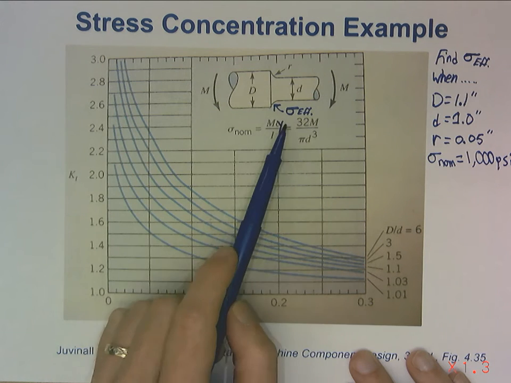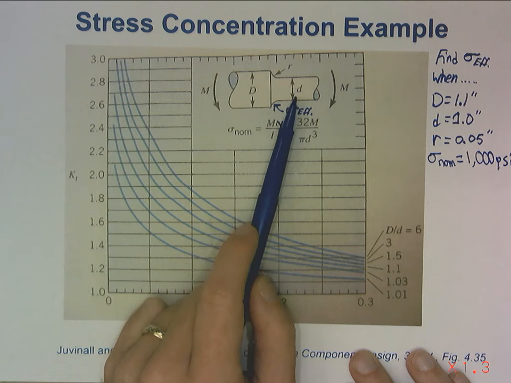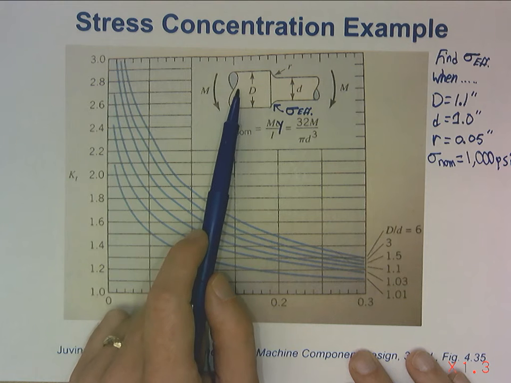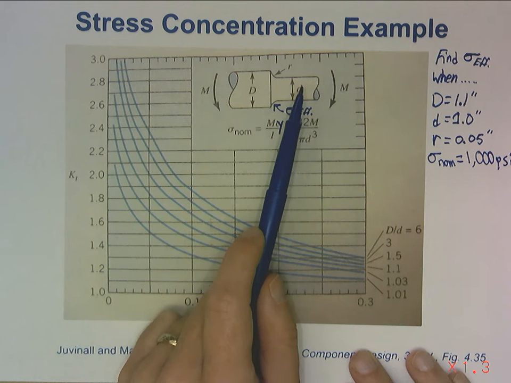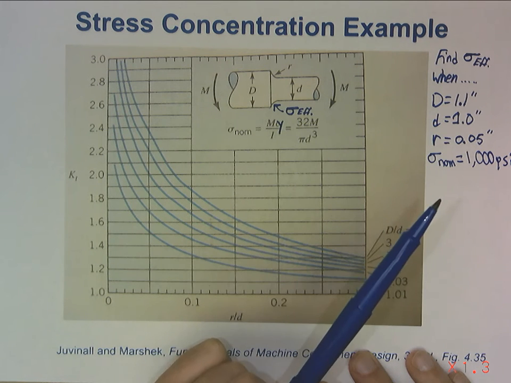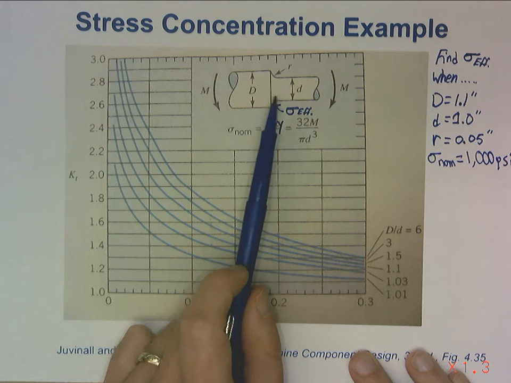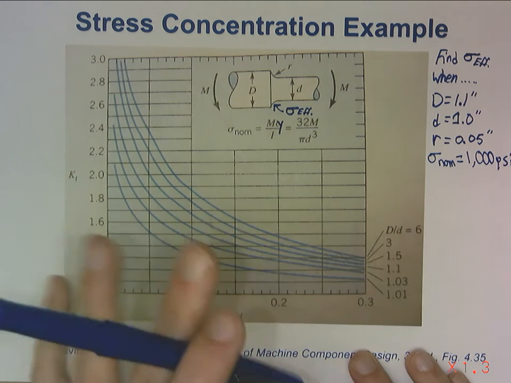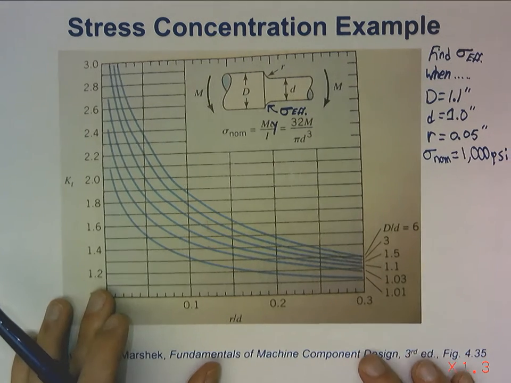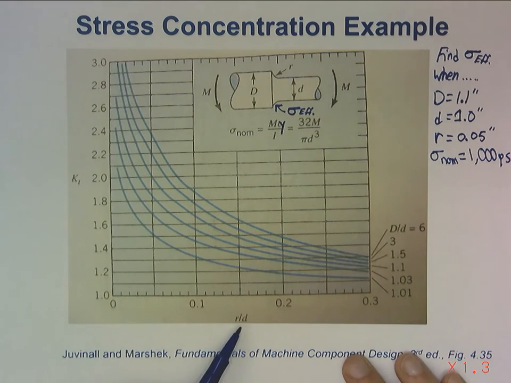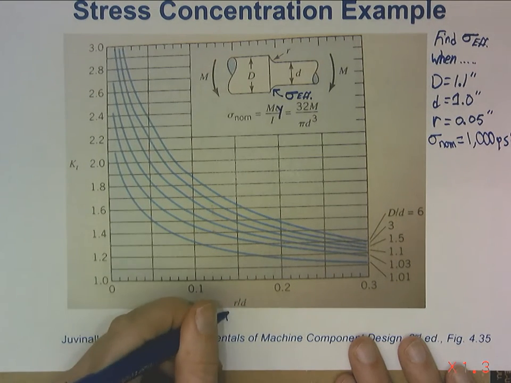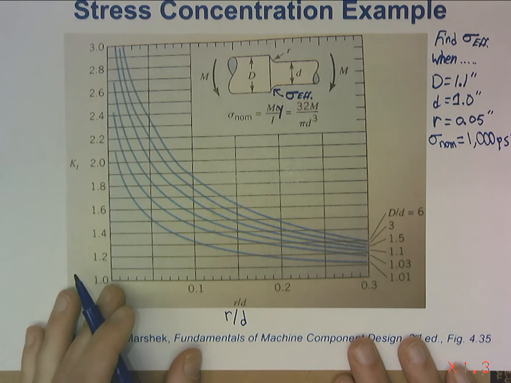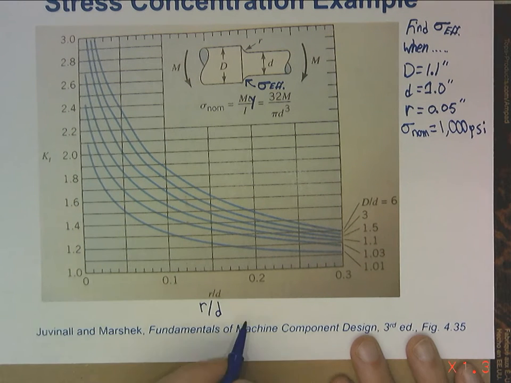So My over I. You'd have to find your I and your y for the smaller shaft, not the larger shaft, because we would normally expect the smaller shaft to have a higher stress, so that would be our area of concern. Well, I'm giving that to you. Here I'm just saying it's 1,000. It's easy to work with. Okay. Well, let's look. This says r over d. Well, gosh, I guess we can do that calculation.